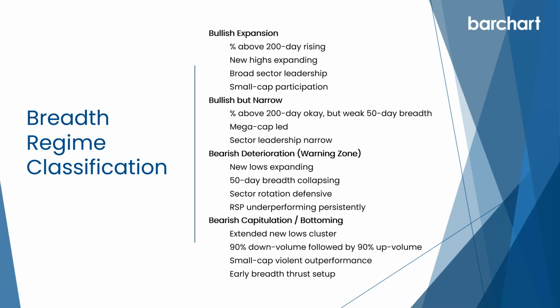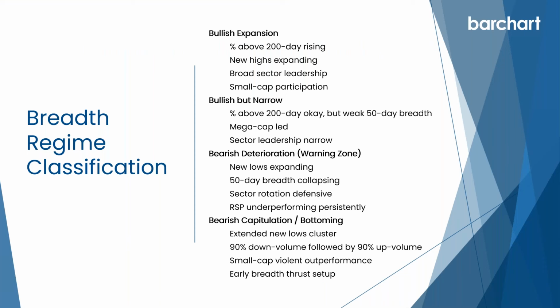Bearish capitulation, bottoming, that could be found by an extended cluster of a lot of new lows over multiple time frames. But look for this condition where you get one of those advance-decline days where you get 90% to the downside and then immediately followed, not necessarily the next day, but let's say within a week's time, you get a 90% up day.